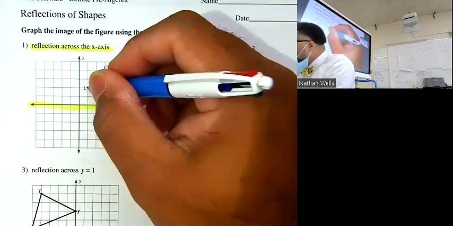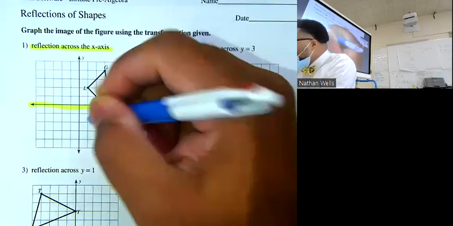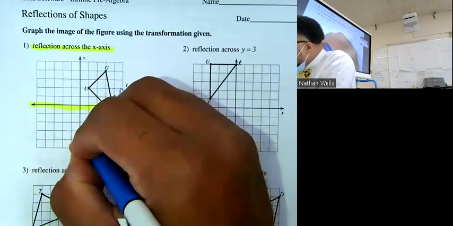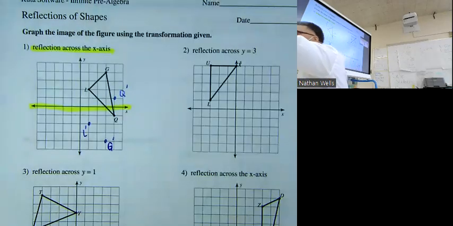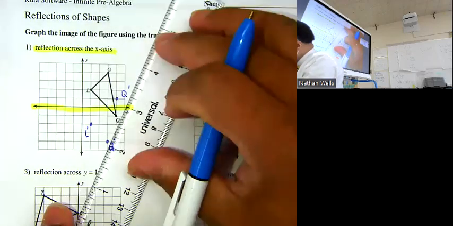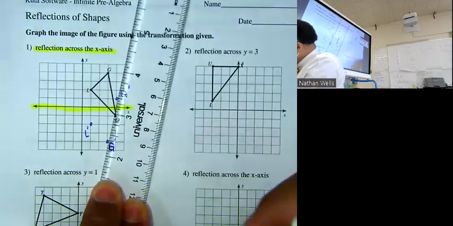And then finally, L is 2 units from the x-axis. Count 1, 2 units to the opposite side. Plot L prime. And then go ahead and connect your points. Q is connected to G in the original.